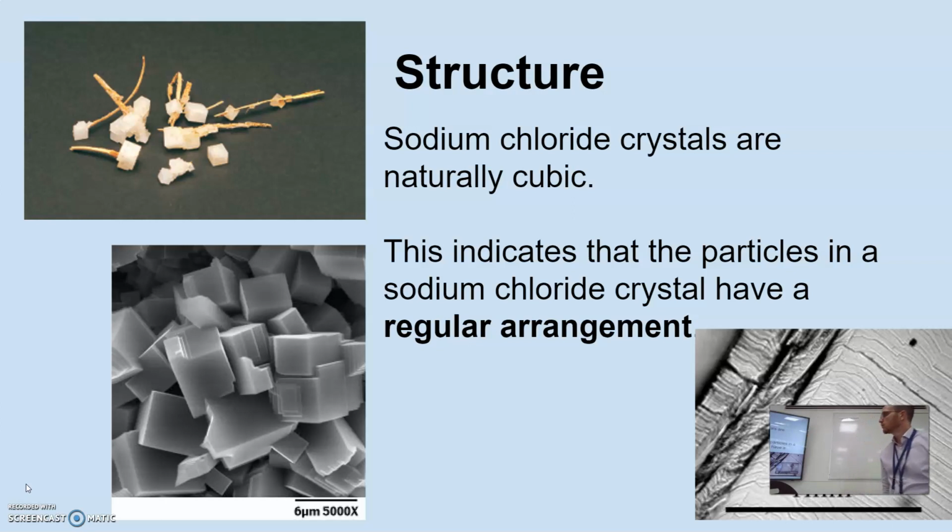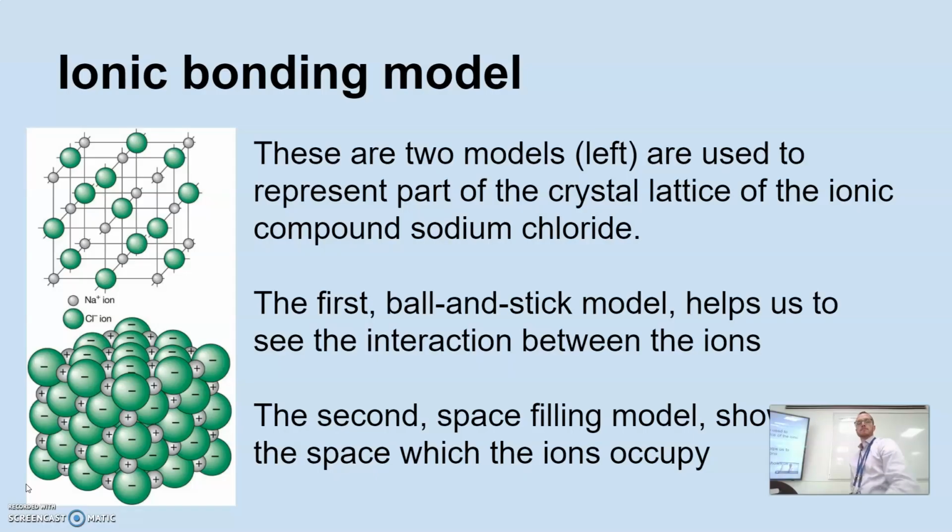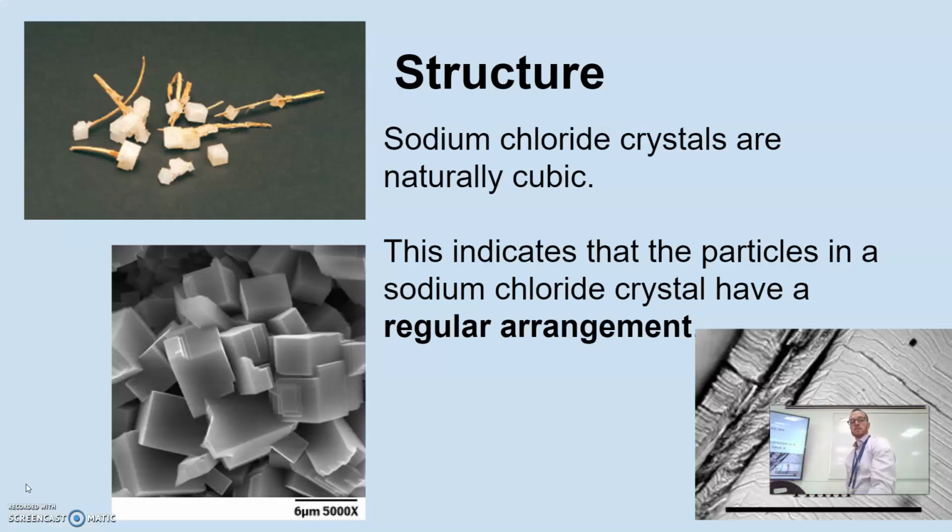Sodium chloride on that atomic scale is actually cubic. If we zoom right in, we can see that salt naturally forms cubic structures. If we were to zoom in further, this is 6 micrometers, so 6 millionths of a meter.